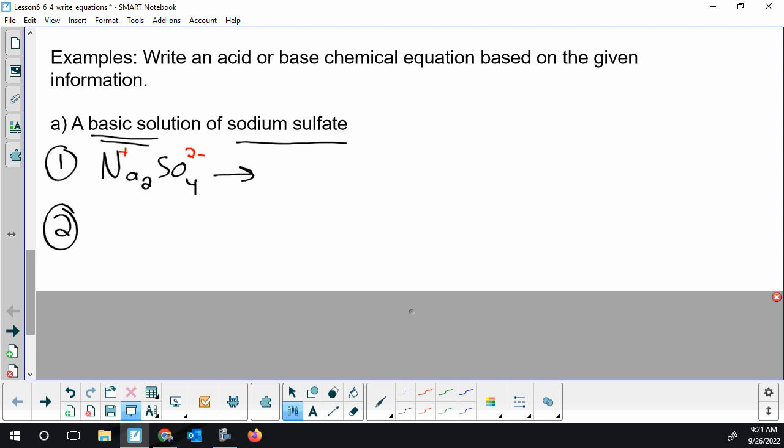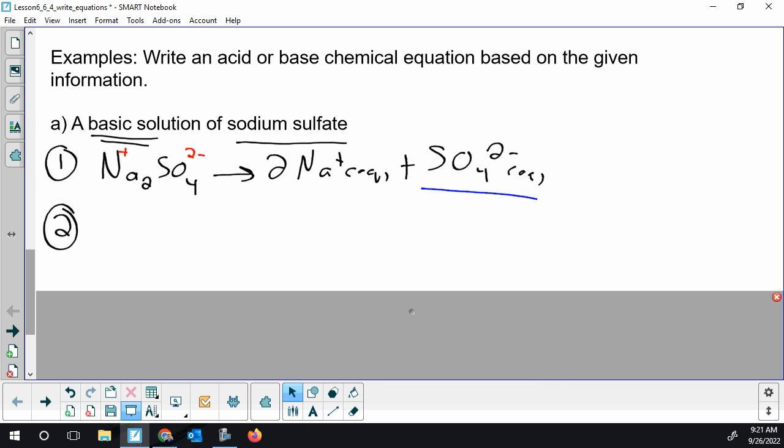So you get the subscripts correct. So it's not the group 1 or 2, it's the sulfate, SO4 2-, aqueous plus water.